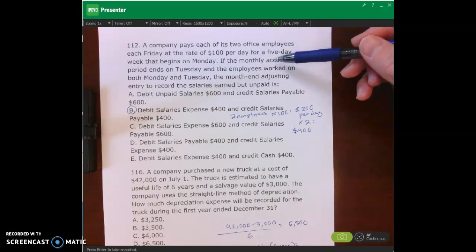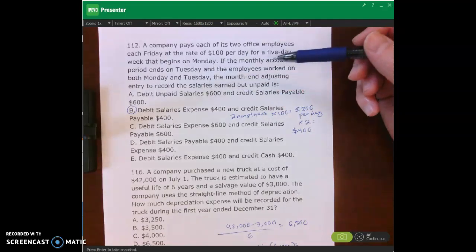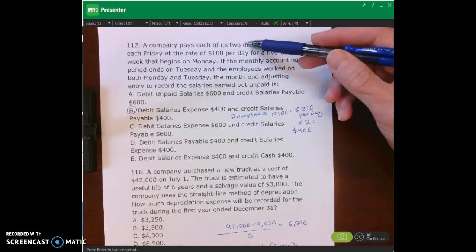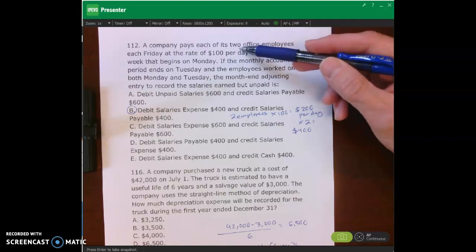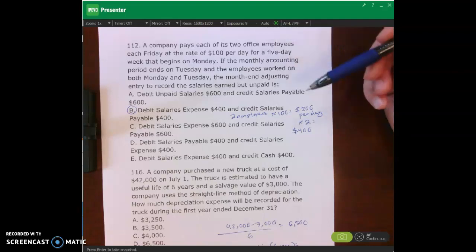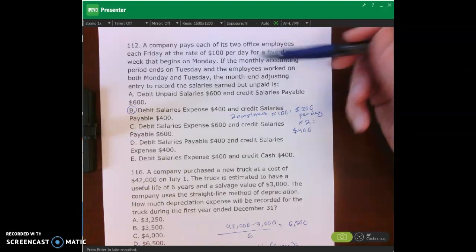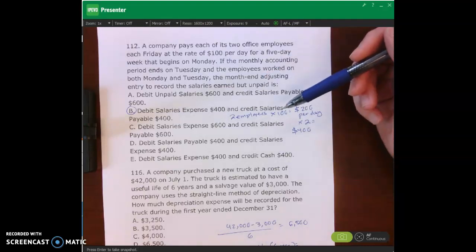If the monthly accounting period ends Tuesday, and the employees worked on Monday and Tuesday, so they worked 2 days, 2 employees, $100 a day. So that means $200 per day, because it's 2 employees, and they each get $100 a day. So that's $200 for Monday, $200 for Tuesday, $400 total.